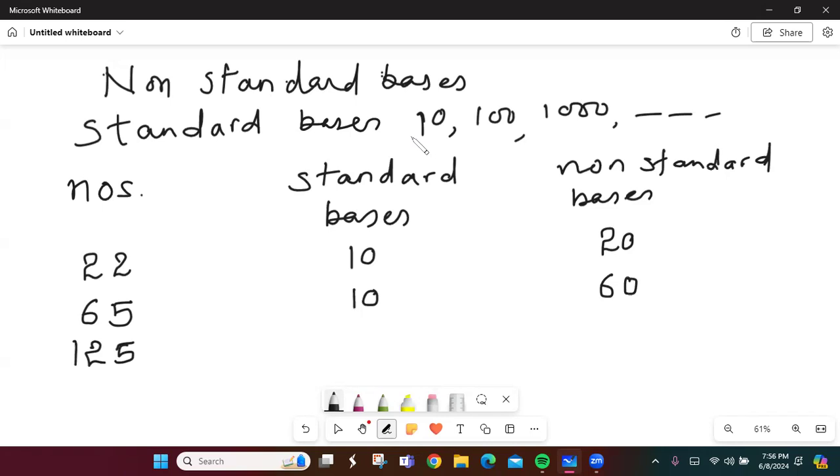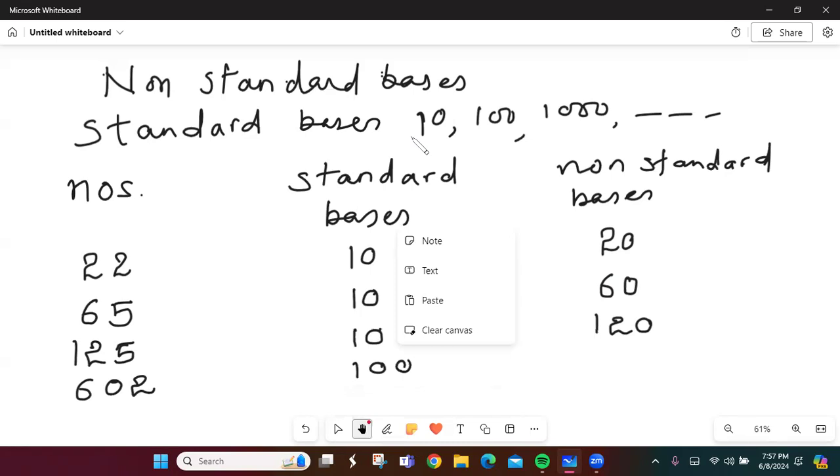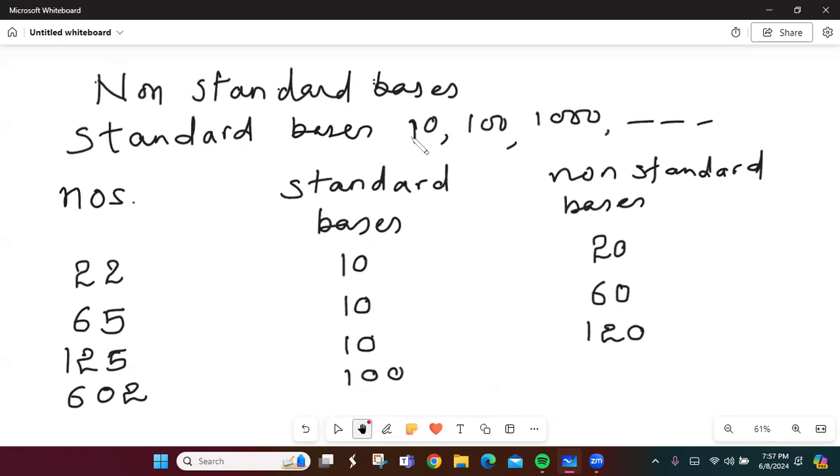And hence, in this case also, I will take the standard base as 10 and non-standard base as 120, which is 12 times the standard base. Similarly, suppose I have 602. Then the standard base for this number is 100. And I can take the non-standard base as 600. This is the concept of non-standard basis.